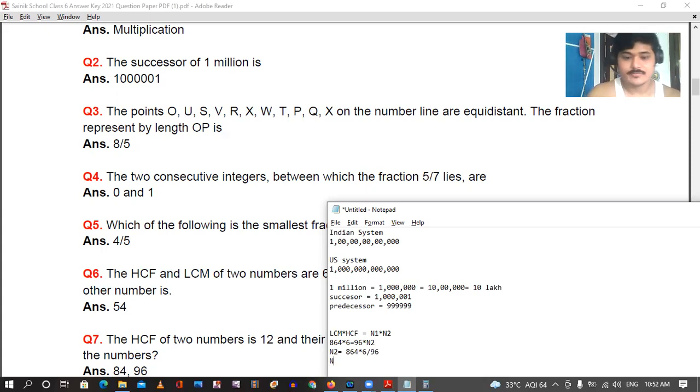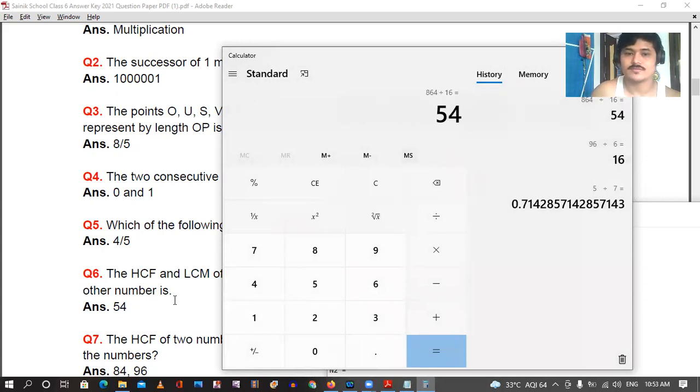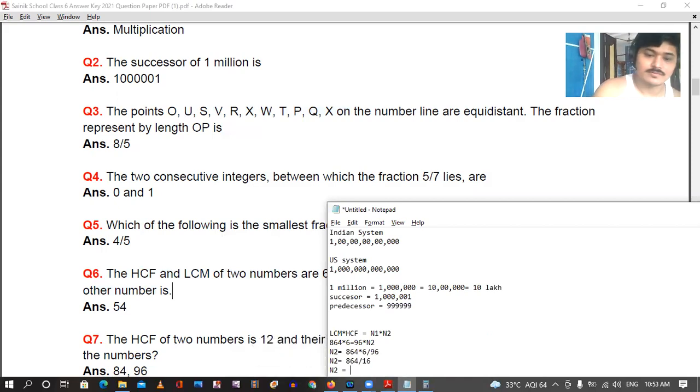If I divide 96 by 6, it should be 16, and N2 is equal to 864 divided by 16. For your satisfaction, this is the result, 54.